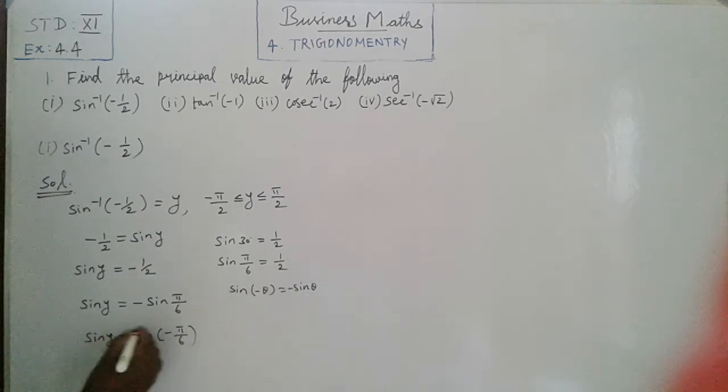Both sides sine, or y equal to sine inverse of sine of minus pi by 6. So sine inverse sine is cancelled, y equal to minus pi by 6.